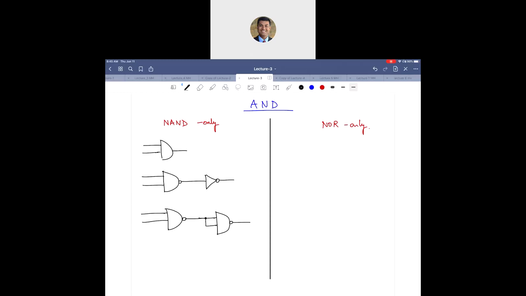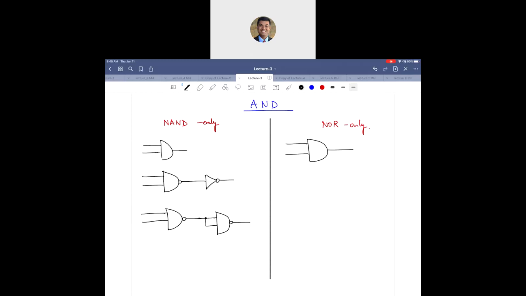Similarly for NOR, let us see if we can get the AND function using NOR-only gates. I start with AND, then I have to transition to NOR only. So I have AND.